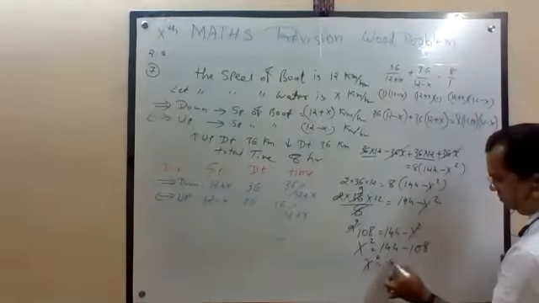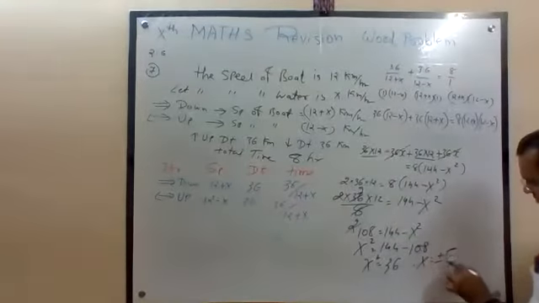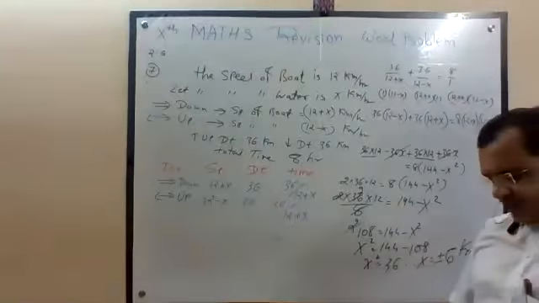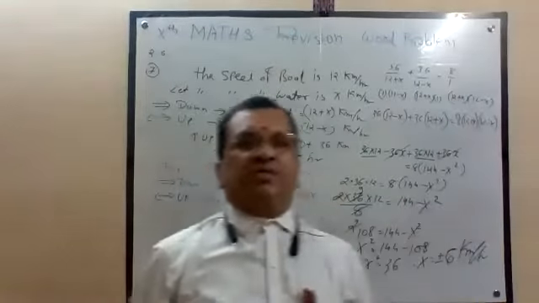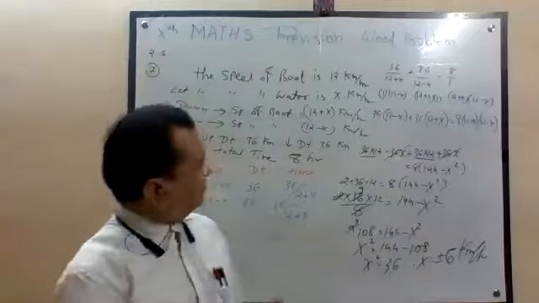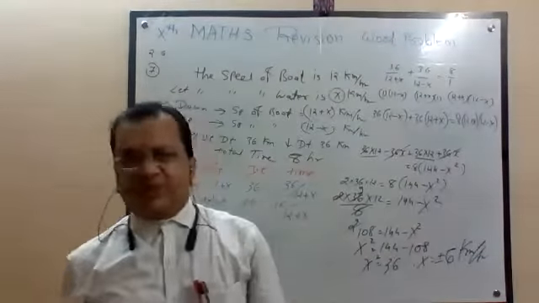So x square is equal to 36. Therefore, x is equal to plus or minus 6 kilometer per hour. But speed cannot be negative. So what we have considered as x is the speed of water.